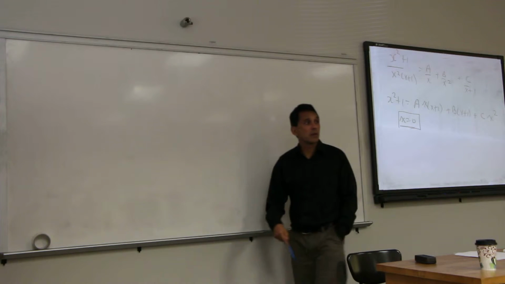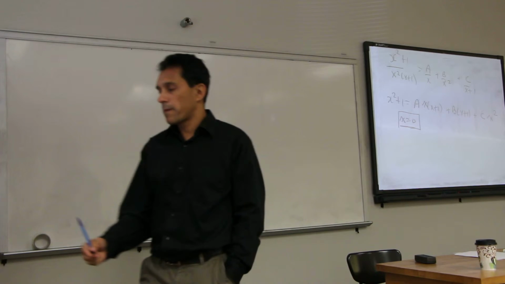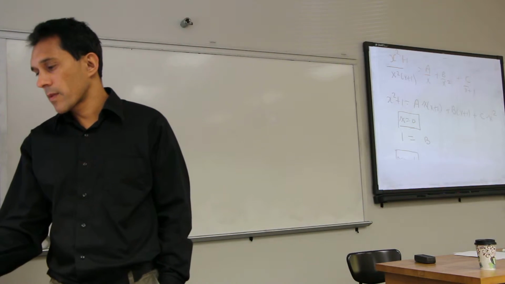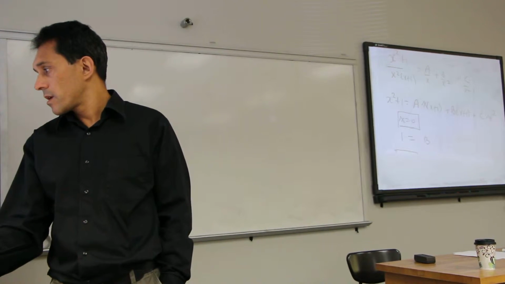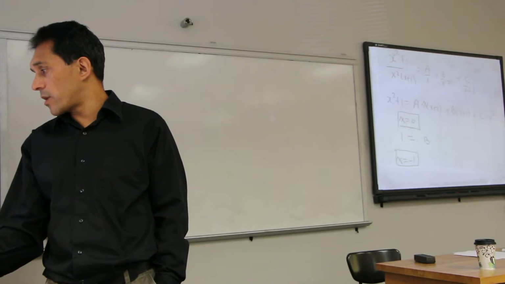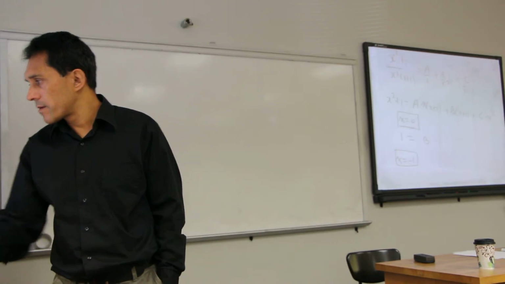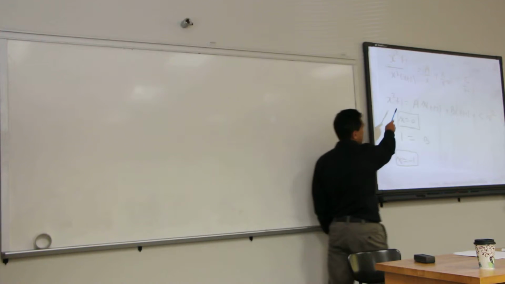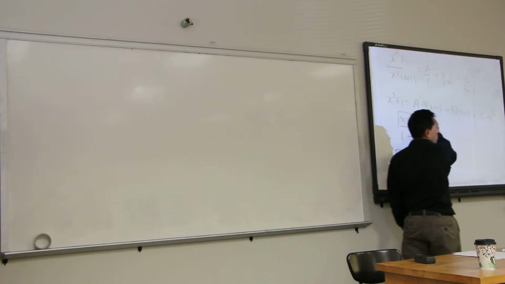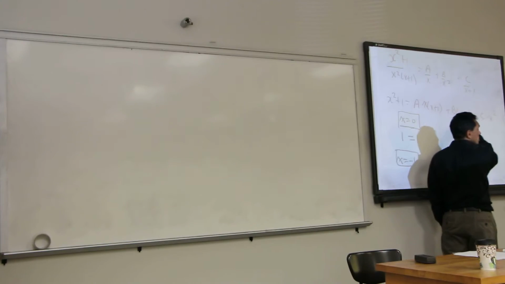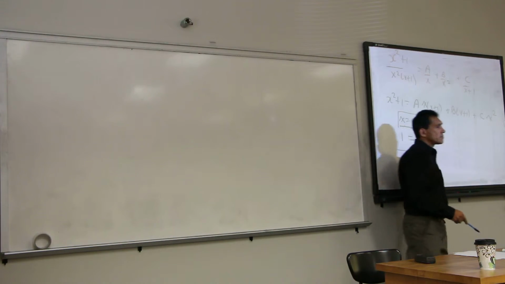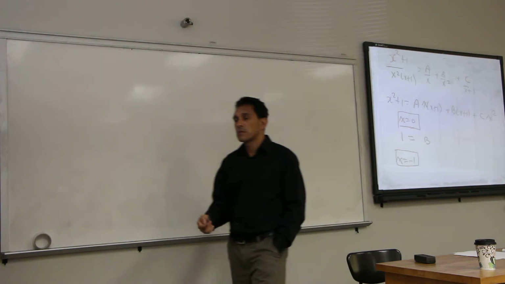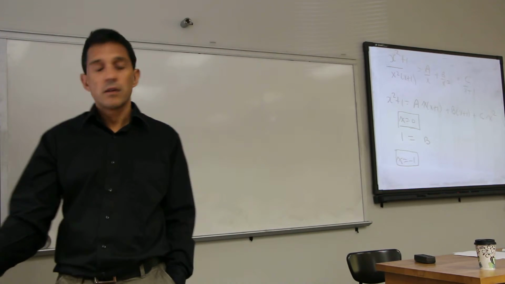So b is 1. When you put x equal to negative 1, on the left-hand side you will be left with 2, and on the right 0, 0, c. So c is 2.